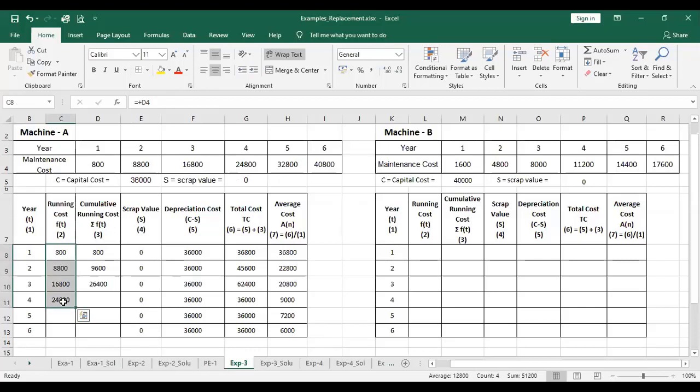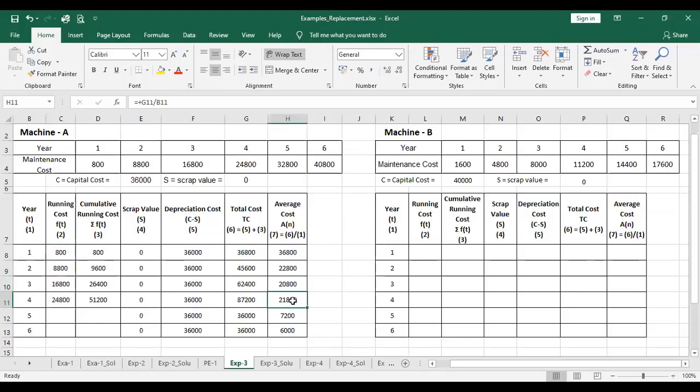Yes, Prashant, what are you saying? Cumulative, sir, fourth year total is 87,200. For which year are you talking about? Fourth year. Okay, and that is 21,800 average.